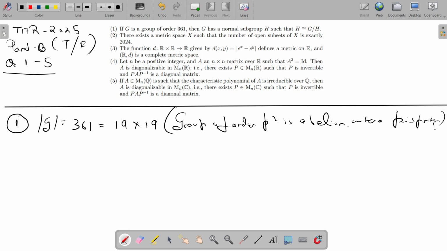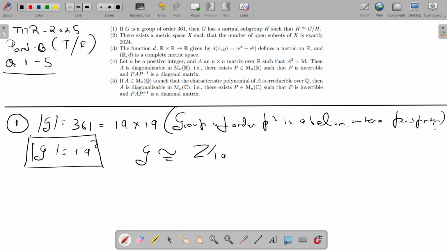So basically, this will be abelian. Now, by the fundamental theorem of finite abelian groups, G will either be isomorphic to Z19 squared, or isomorphic to Z19 cross Z19.